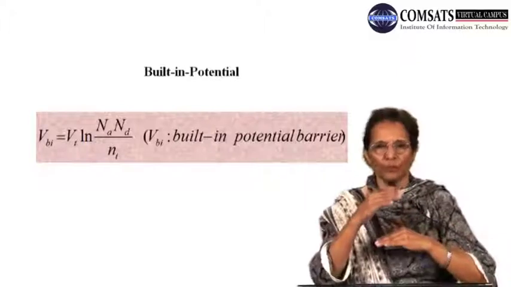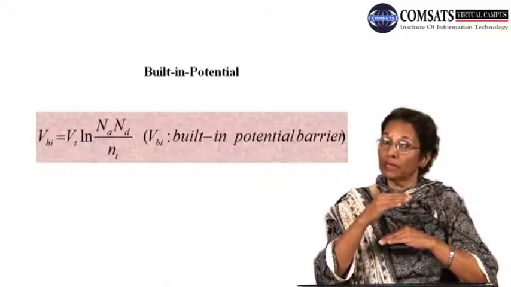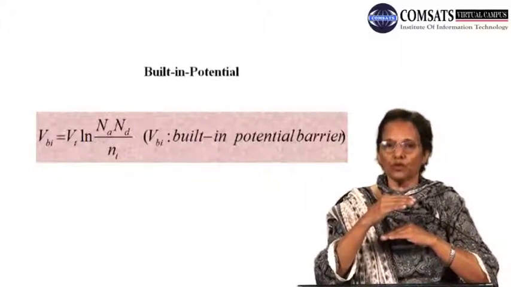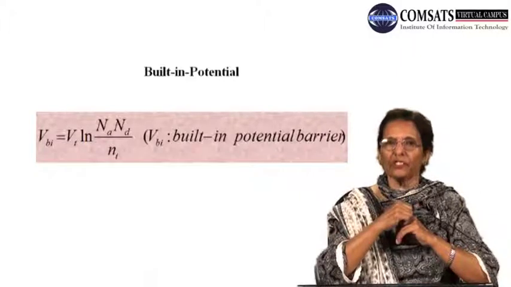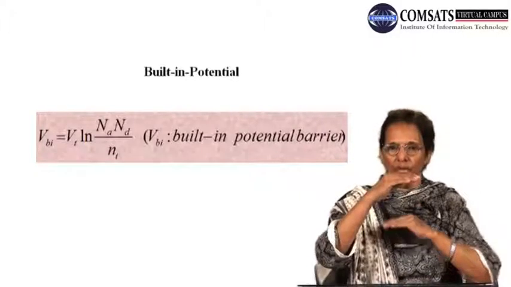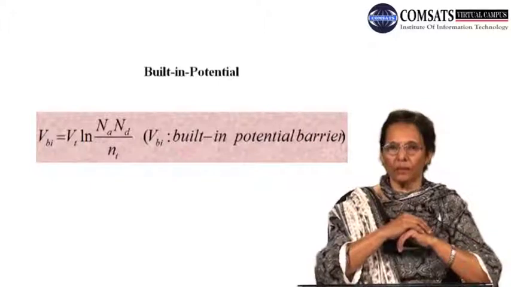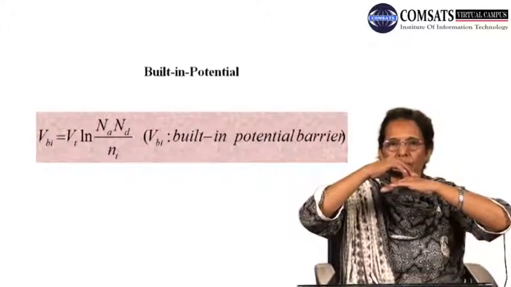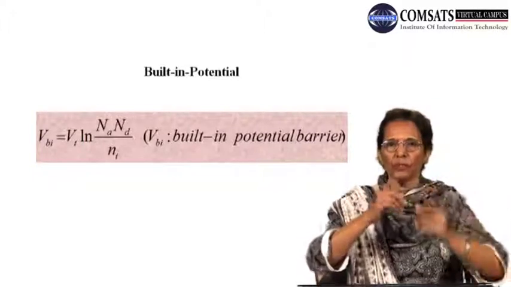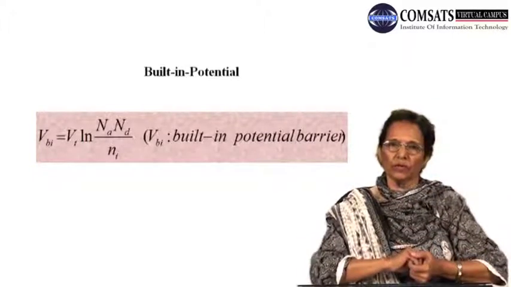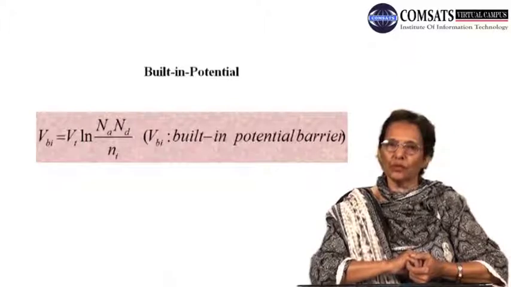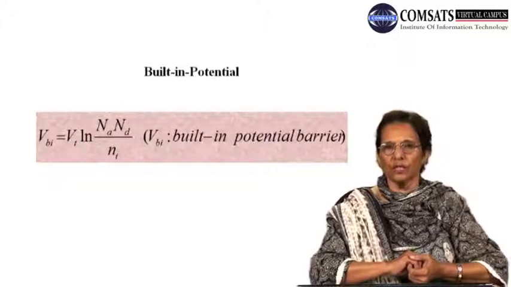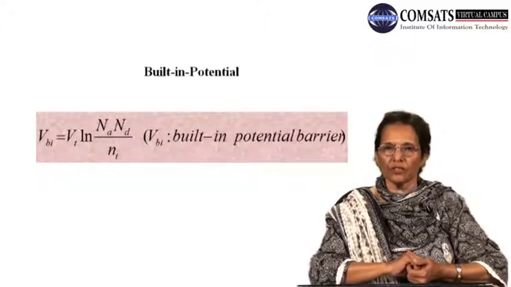So because of this temperature, because of this thermal energy, some of the covalent bonds break and they generate electrons and holes in pairs, in equal number. So we have free electron concentration and we have free hole concentration, but this concentration of electrons and holes is subject to a law which is termed as equilibrium carrier concentration or the law of mass action.